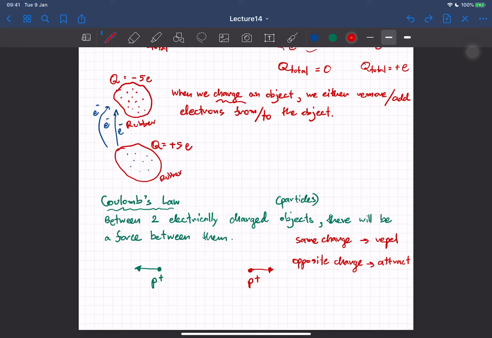And what do we mean by attraction? Well, if you take one proton, but let's say the other one is an electron instead. So electron is negative charge, proton is positive charge. So now they have opposite charge, so they're going to attract each other. Attract each other means the force is going to pull them together, like this.